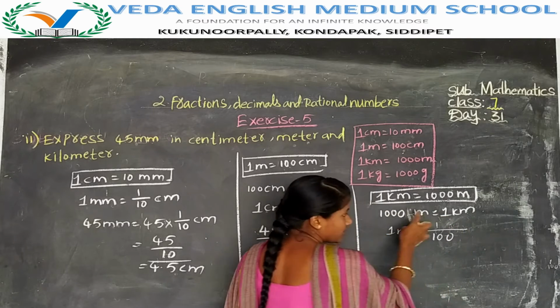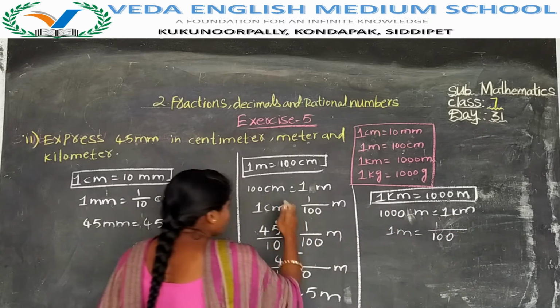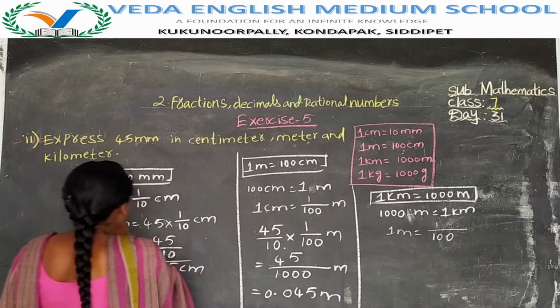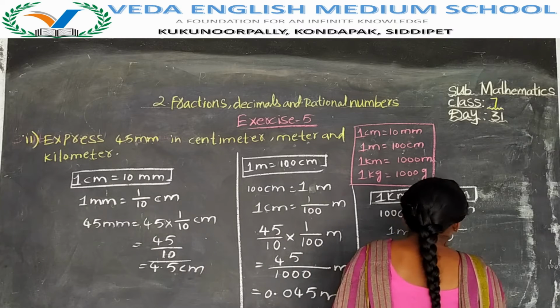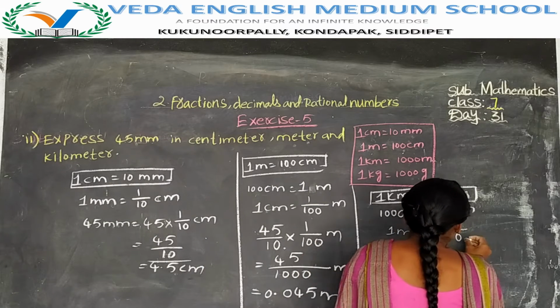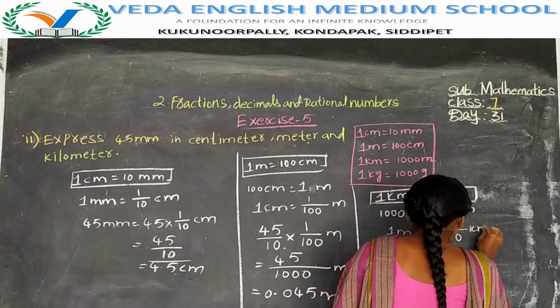When it comes to the other side, multiplication becomes division, and division becomes multiplication. So that's why we write 1 meter is equal to 1 by 1000 kilometers.